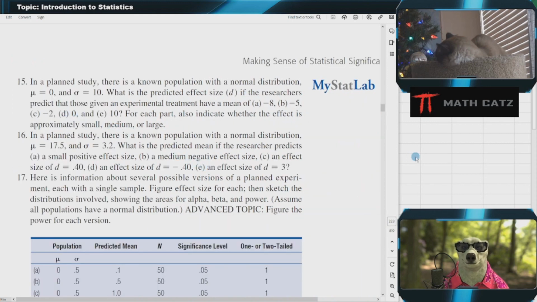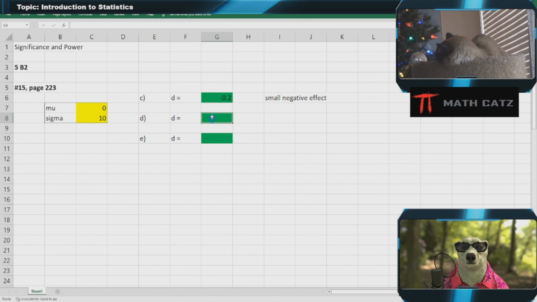D is 0, so I expect it to be 0, of course, but let's do the calculation anyway, just for practice, in case you need to practice the spreadsheet. 0 for the predicted mean, minus mu, close my bracket, divided by the sigma number, and of course I get 0. So we could say here, no predicted effect, or very small. These are just measures to indicate what we expect.